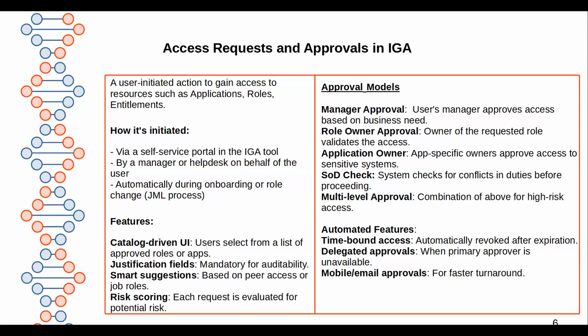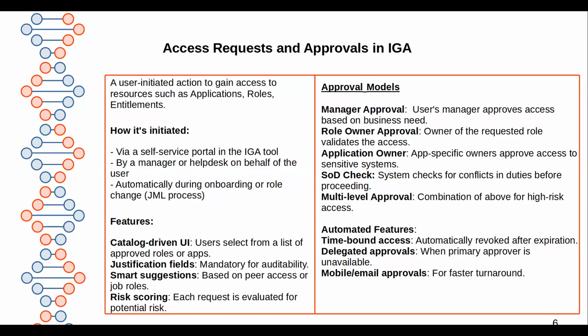Here we are talking about three different types of requests: gaining access to an application, to roles, or to entitlements. These are the three different scenarios, and how someone can initiate them using IGA. In the IGA tool, there is a self-service portal.